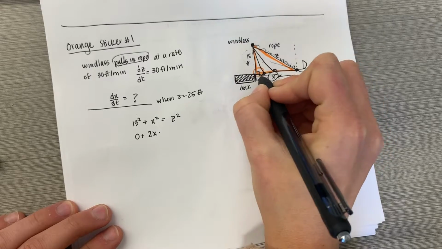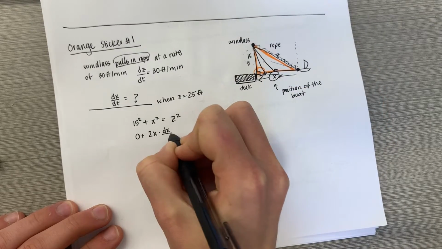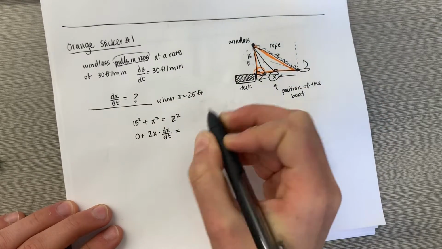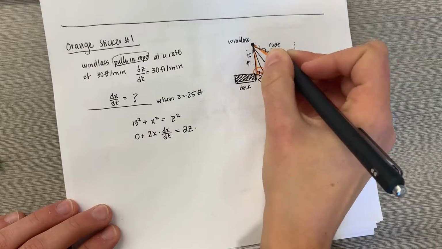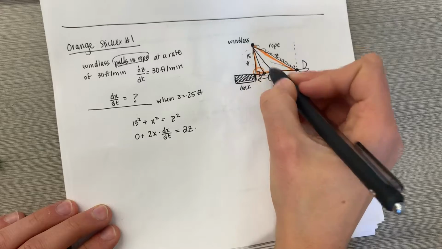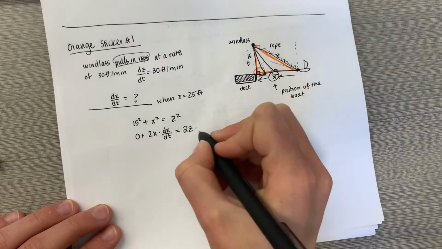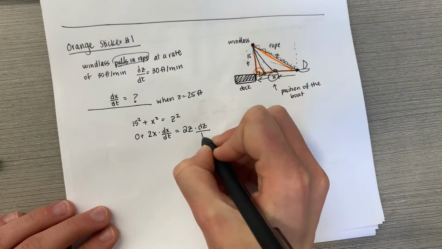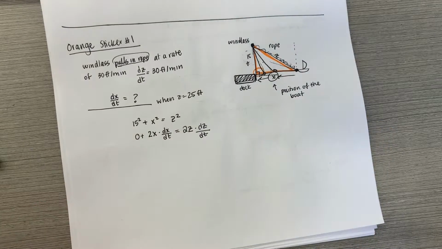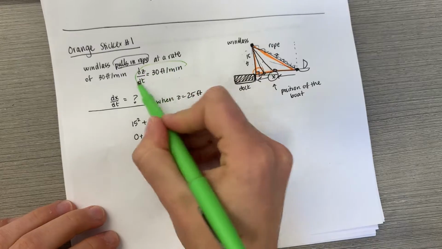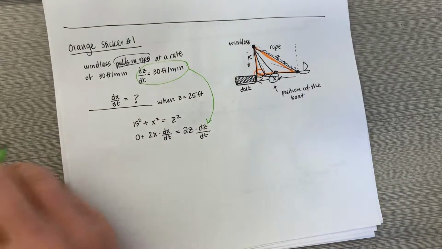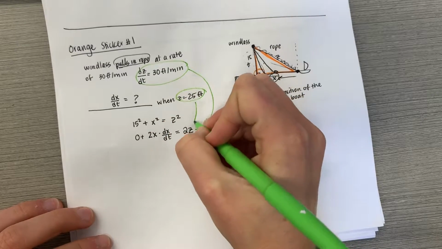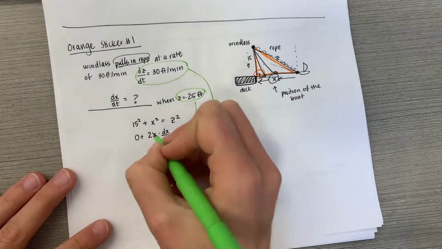So this x distance is getting smaller when time changes, so dx/dt. 2z times, well, the amount of rope is also getting smaller as time changes, so times dz/dt. And now thankfully, we know dz/dt equals 30. We know that z of t is 25. That's what we want.